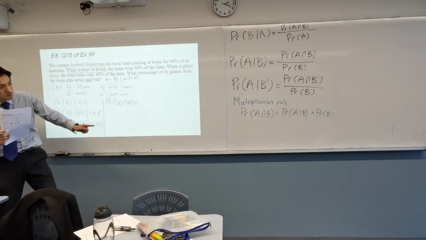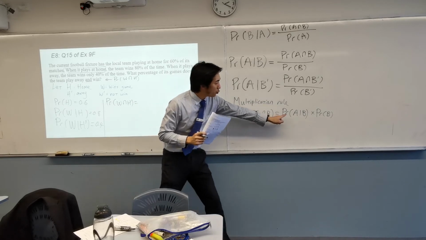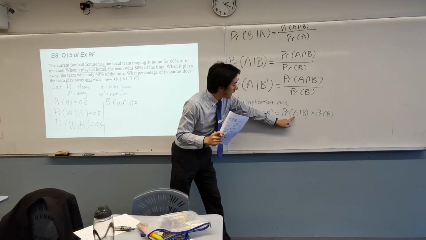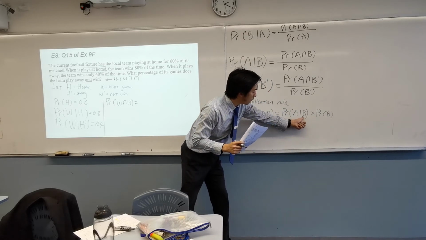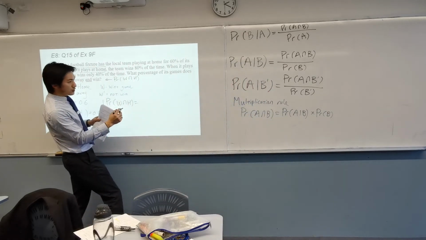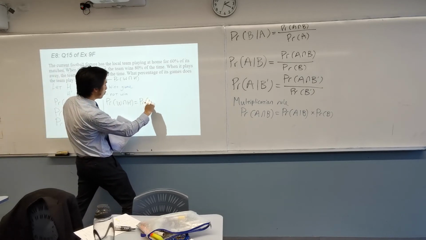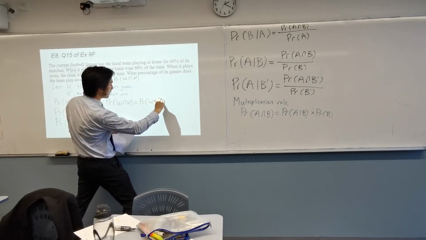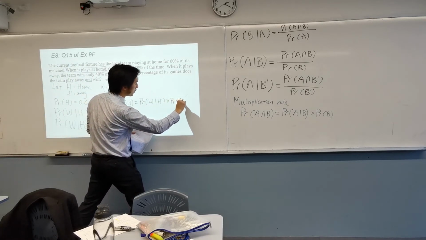I'll write out my formula. So the formula is, if we've got the intersection, we write out its conditional probability and we multiply the probability of the condition. So I'll try and copy and paste it in the same way. We've got win given away game multiplied by the probability of an away game.